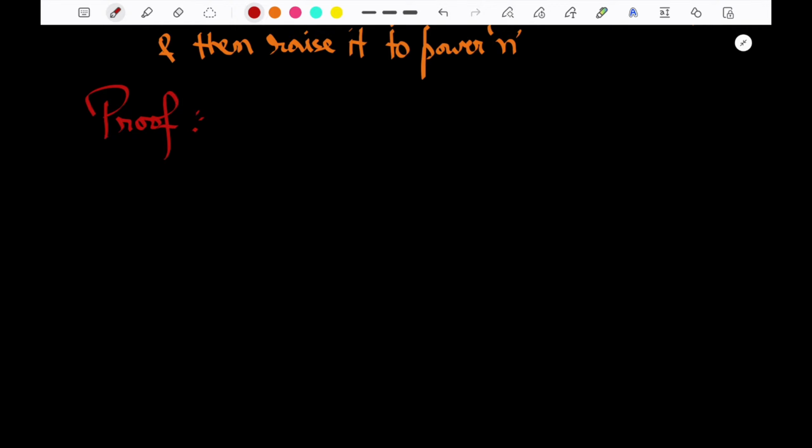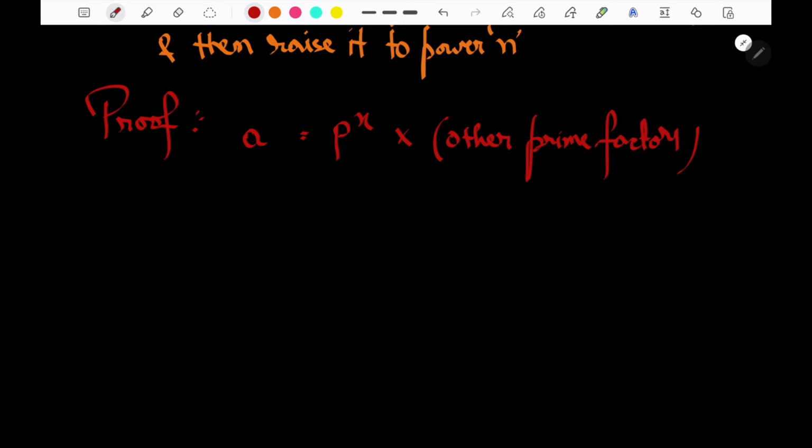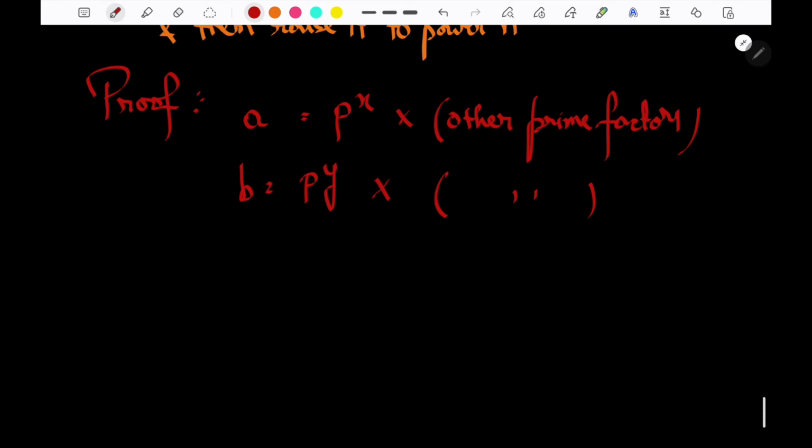If it is okay for one, it will be okay for every other prime factor. So let a be p to the power x into some other prime factors. Other prime factors I am not taking into account. For b it will be p to the power y into some other prime factors. Now x is the exponent of prime p in number a and y is the exponent of prime p in number b.